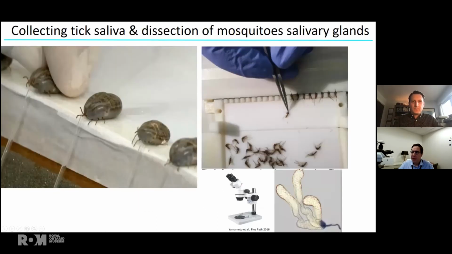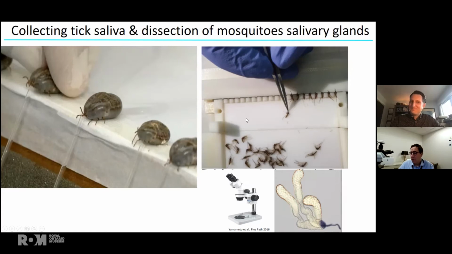Yeah. And another thing that I think is interesting for the audience is how we collect saliva from these animals. This is a tick, and essentially you can immobilize ticks on a tape, and then you add a compound called pilocarpine, which helps the secretion of the saliva, and then you get very few little drops from ticks in each of these little capillary tubes, and then you can centrifuge and you collect your saliva.